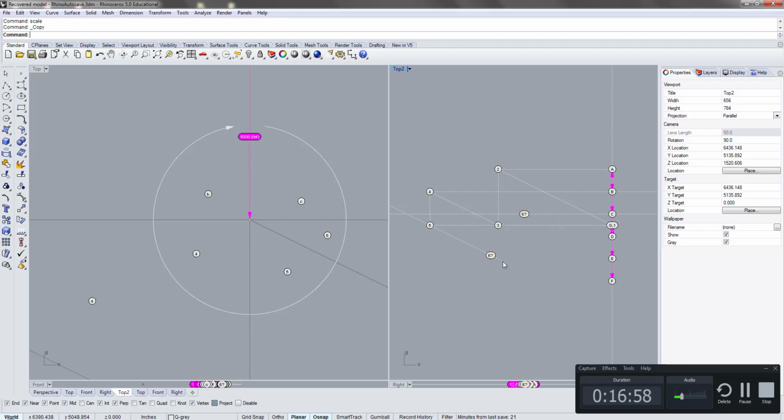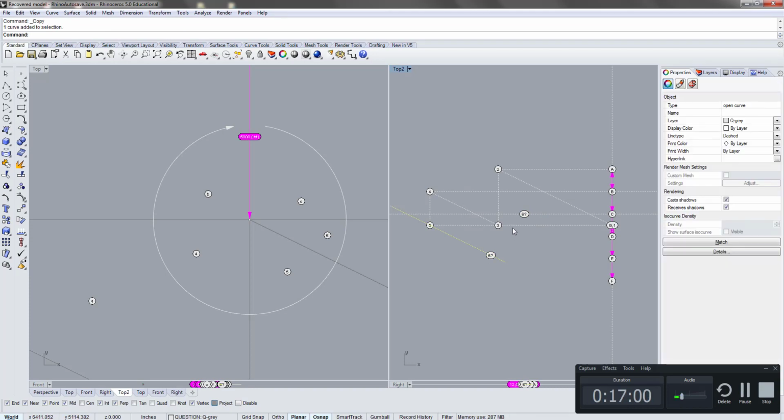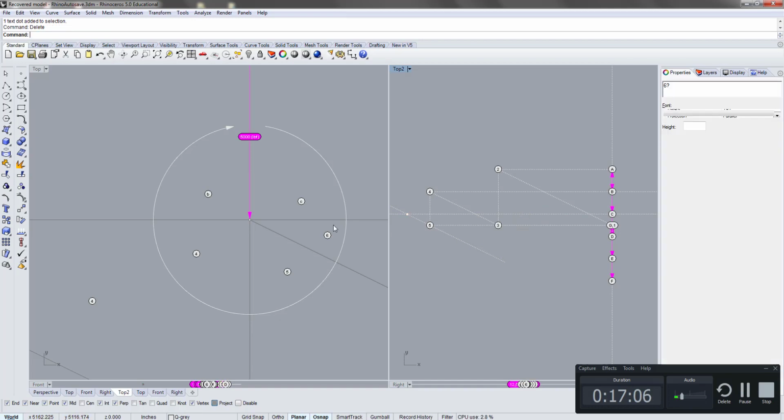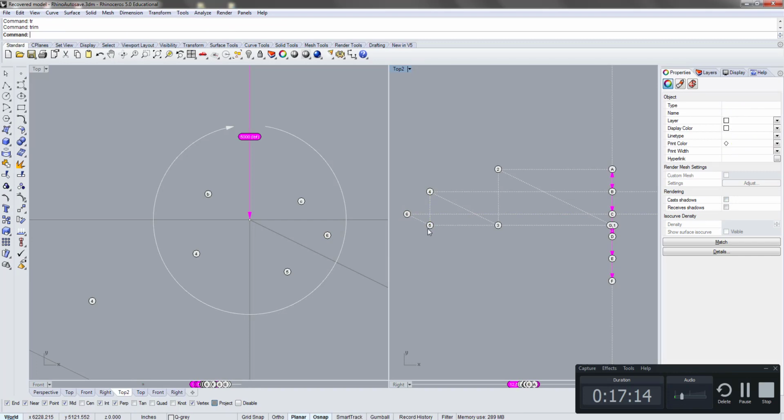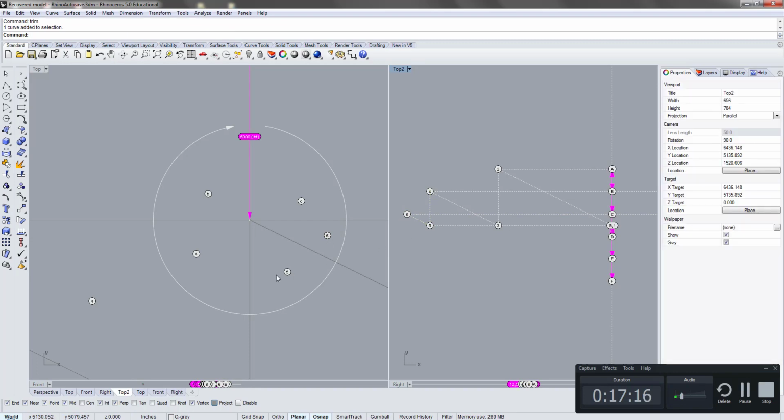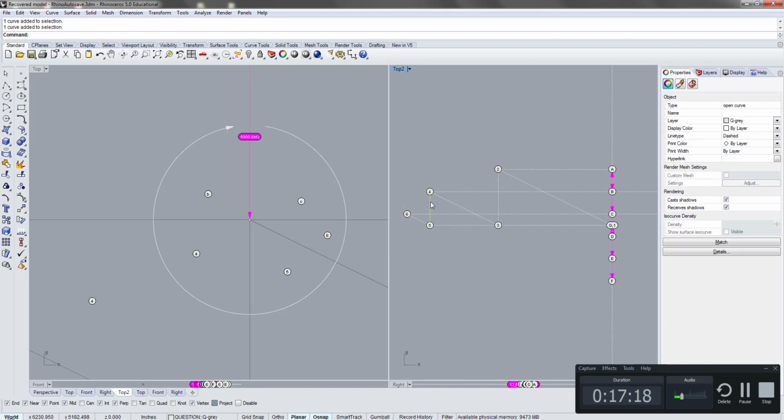So now, again, if it's on this line and on that line, the only solution is right there. So that's where point 6 will be. 5, 6, right? 6, 5. So 5, 4 is right here, and 4B is right there.